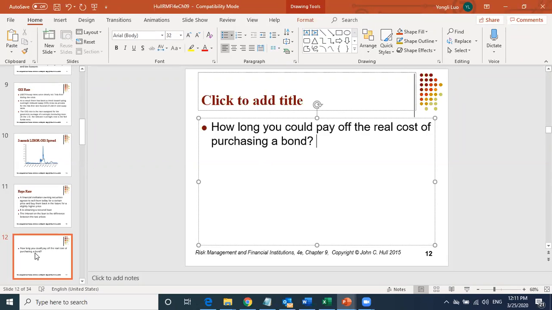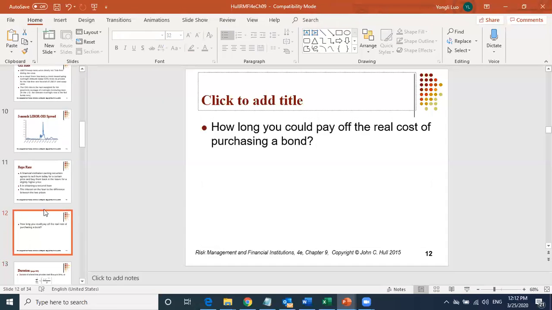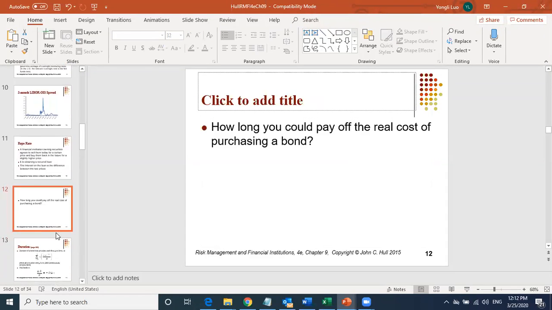So your money keeps coming back to you. That means how long you take to pay off the real cost of the purchase price, or how long you take to get your money back, similar to the payback period we will discuss later when we talk about capital budgeting.